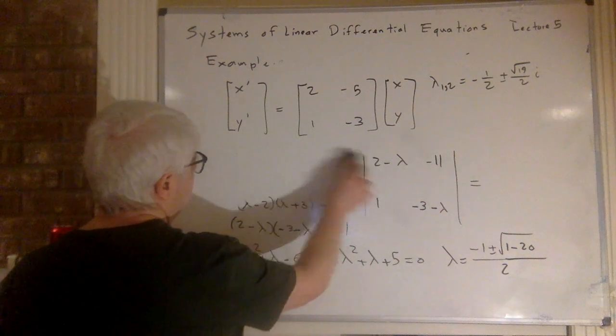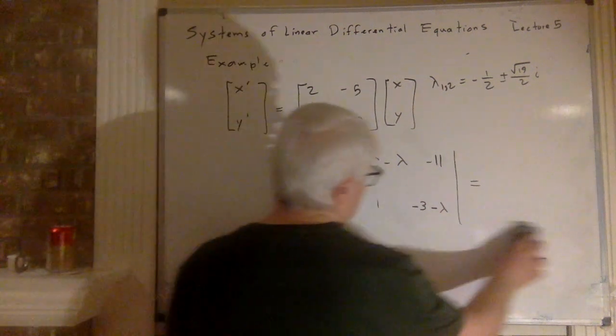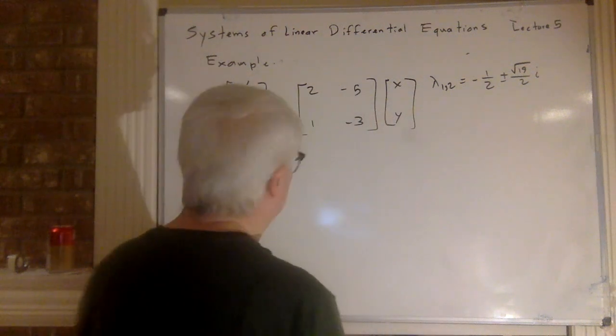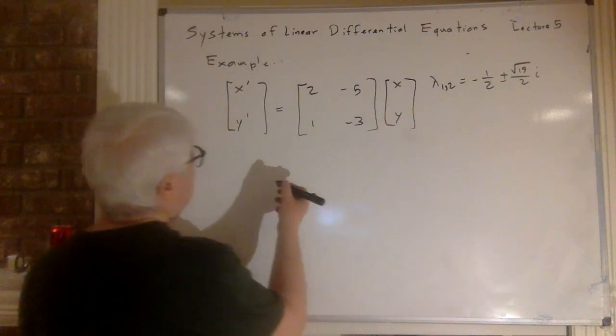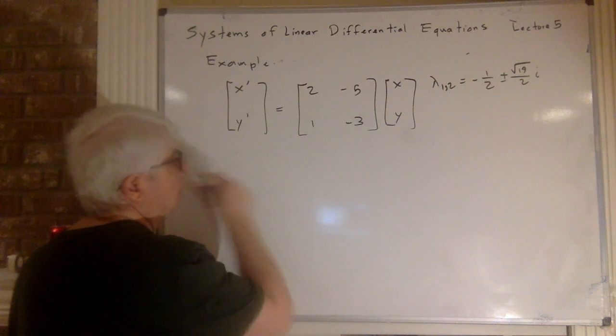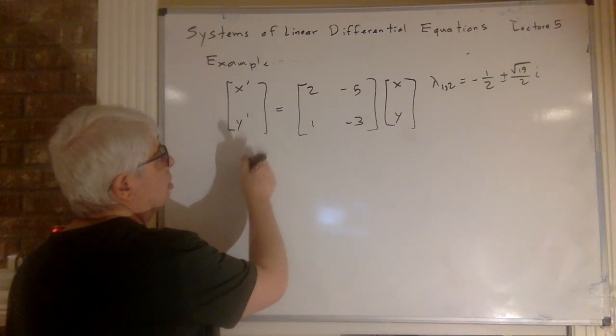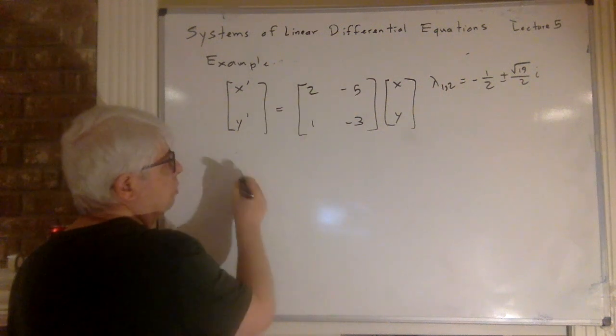Let's find eigenvectors. I will find one of them, and the other one is simply the conjugate. So let's see, eigenvector number 1. I just use one of them.